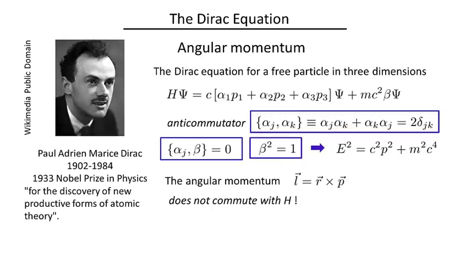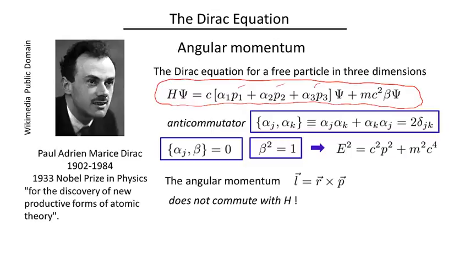Okay, so now another consequence of the Dirac equation, a very significant one, is found in the two-dimensional and the three-dimensional versions both, but we'll go directly to the three-dimensional equation. So now you see this is a straightforward generalization of the one-dimensional Dirac equation. It has a contribution from each of the three spatial coordinates.